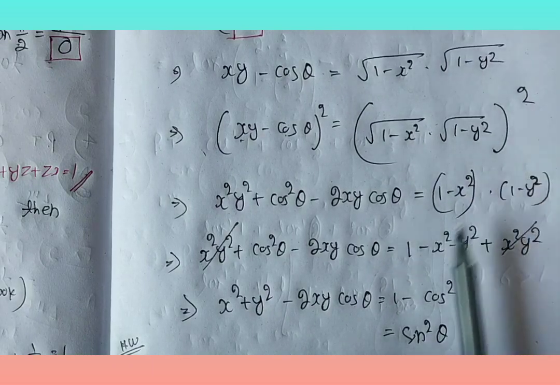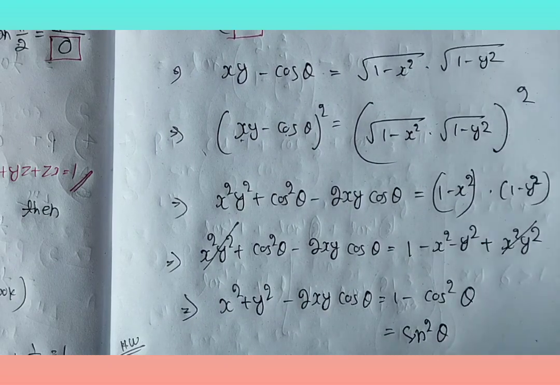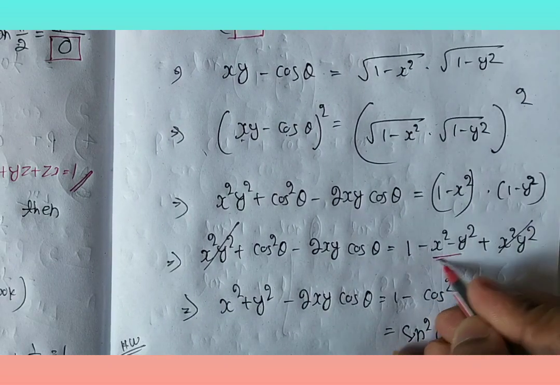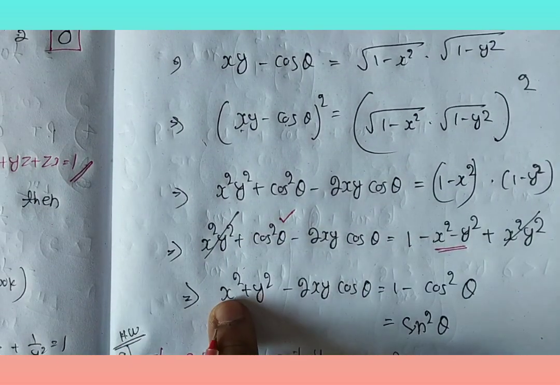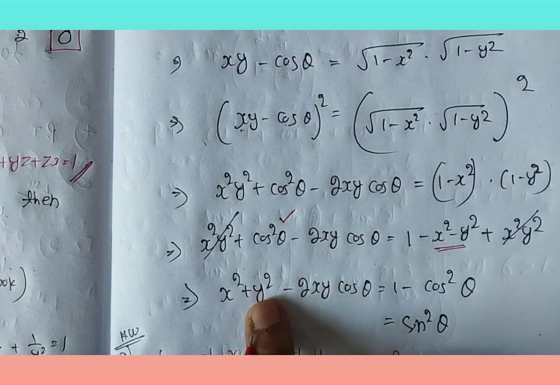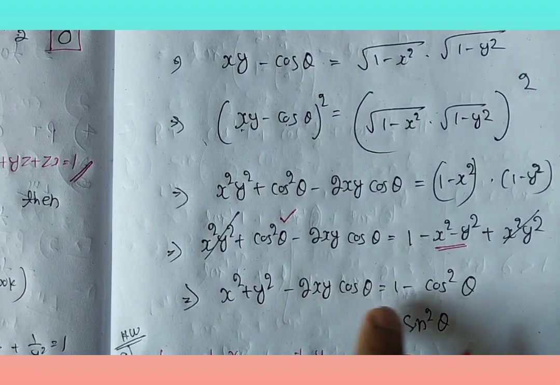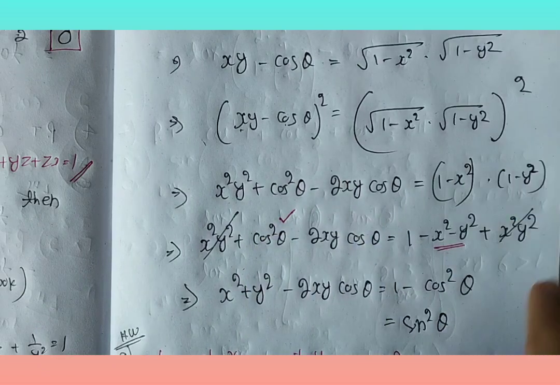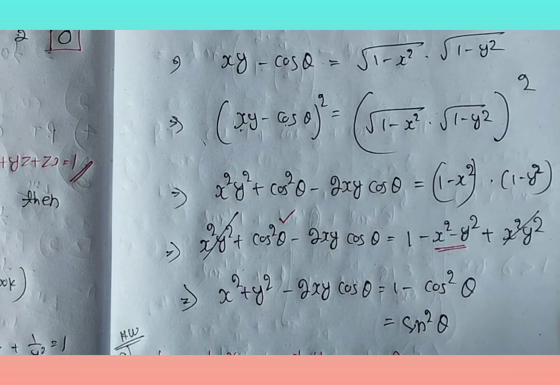Multiply these two terms, we will get this much. X square y square cancel with each other. Now take these two terms to the left hand side and this term to the right hand side. Minus x square becomes plus x square, minus y square becomes plus y square. X square plus y square minus 2xy cos theta is equal to, taking this term to the right hand side, 1 minus cos square theta, and 1 minus cos square theta equal to sin square theta. Hence proved.